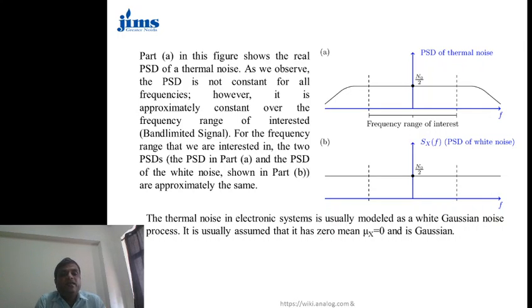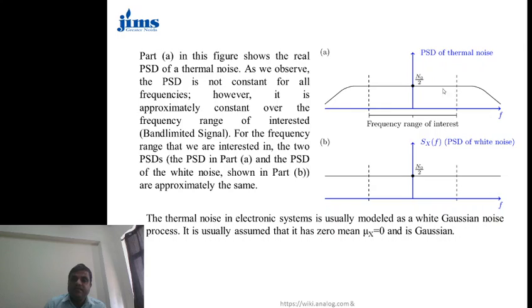Part A shows the real probability distribution of thermal noise. As we observed, this PSD is not constant for all frequencies. However, it is approximately constant. See this value, it is N0 by 2 at the center, and this value is constant from this to this.